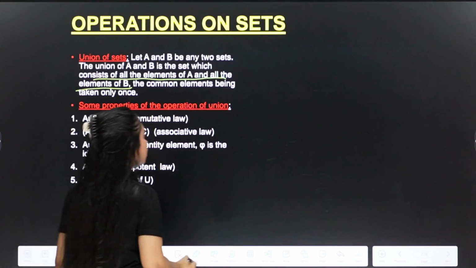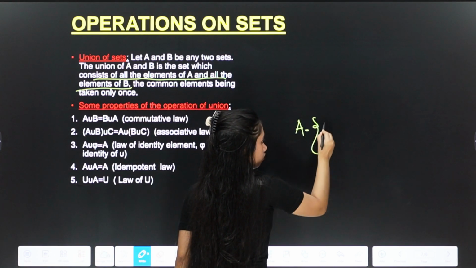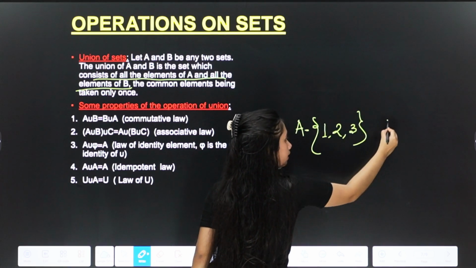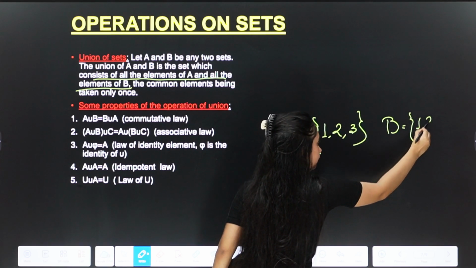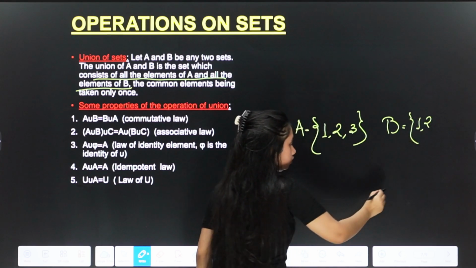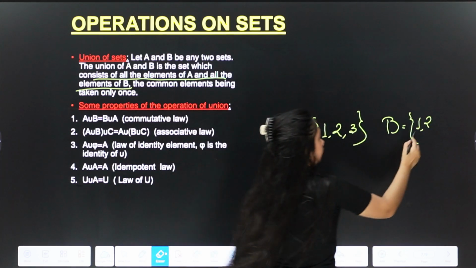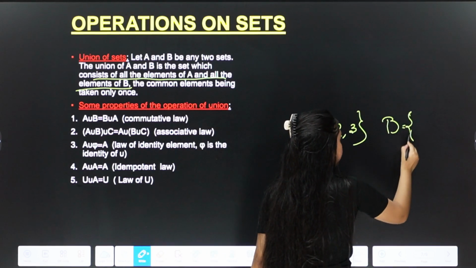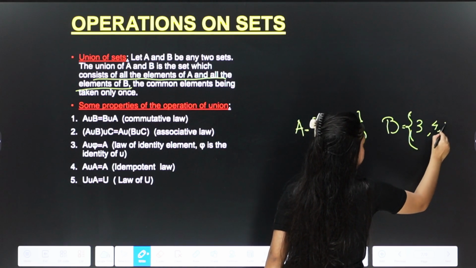For example, A is 1, 2, 3. Let's take some different elements. B is 3, 4, 5.